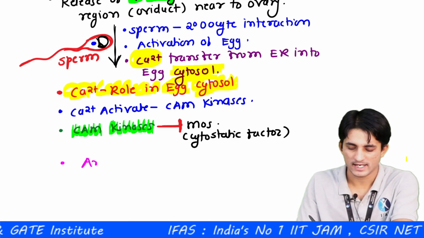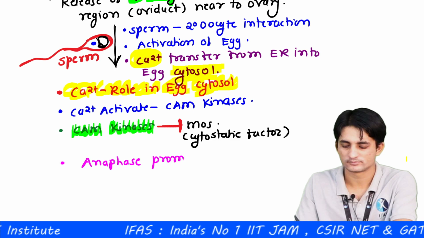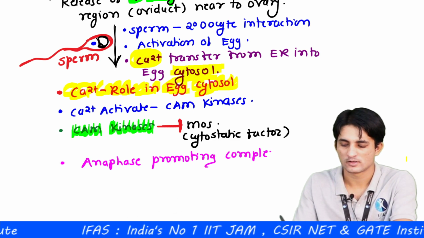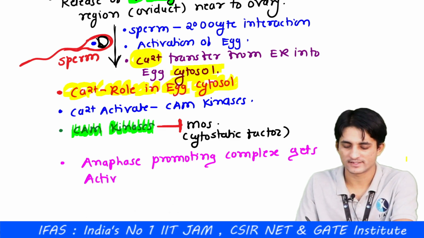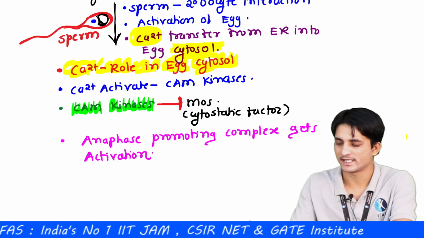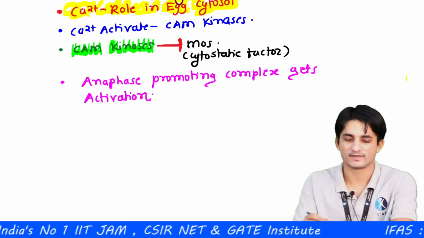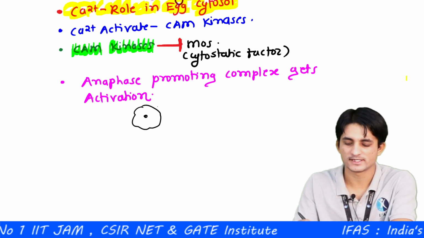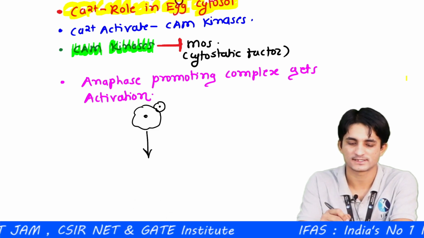So the anaphase promoting complex gets activated. Now as the anaphase promoting complex gets activated, the secondary oocyte completes its meiosis second.